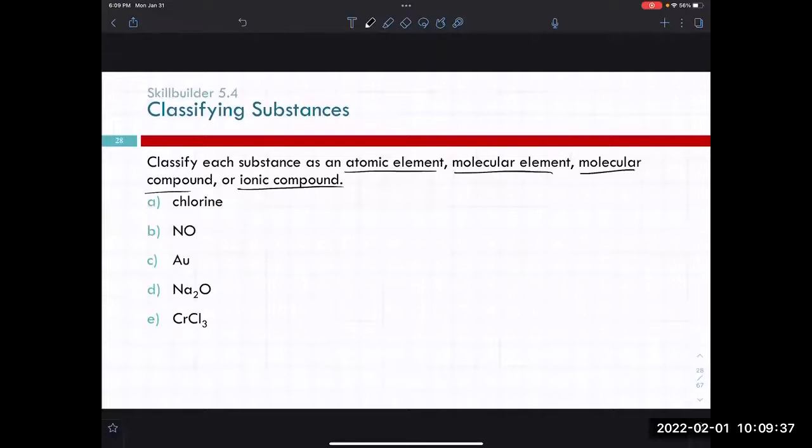No takers? Atomic element is a good guess. This is one of the molecular elements. I appreciate your bravery. Atomic element is a very good guess, because it is one of those, but it's one of the special ones. So it's a molecular element.